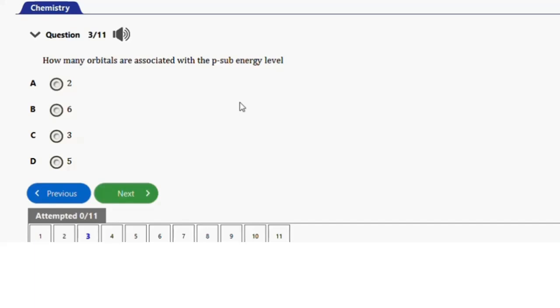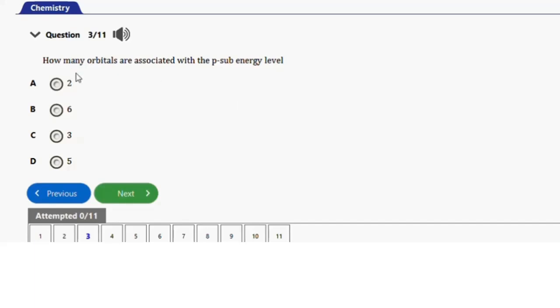The f sub energy level has 7 orbitals that are filled up with 14 electrons. The s has 1 orbital that is filled up with 2 electrons. So guys, it's important that you note this, very important.